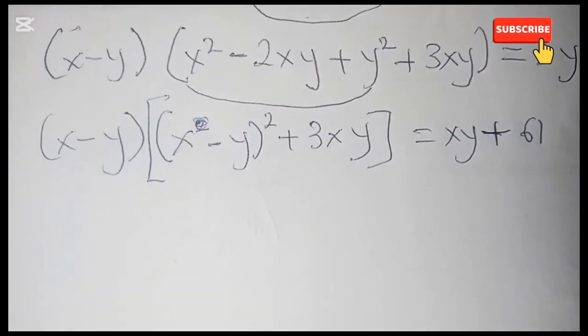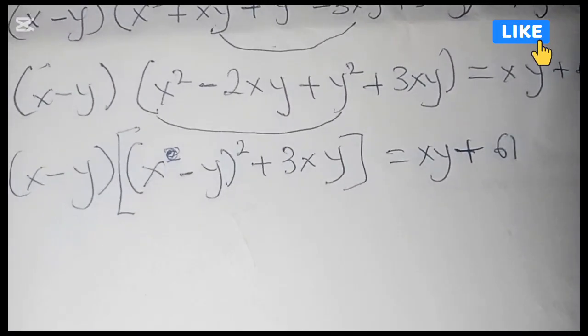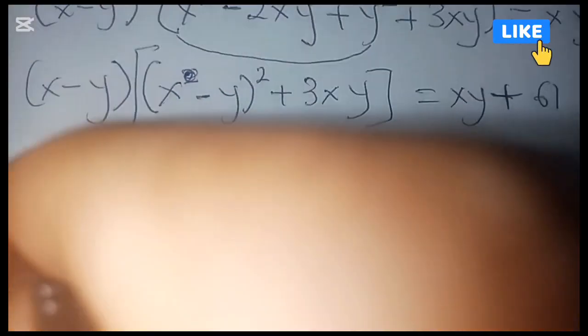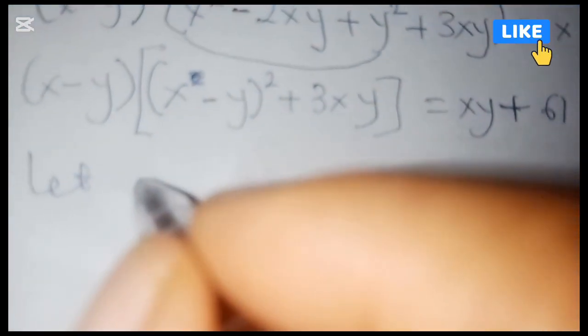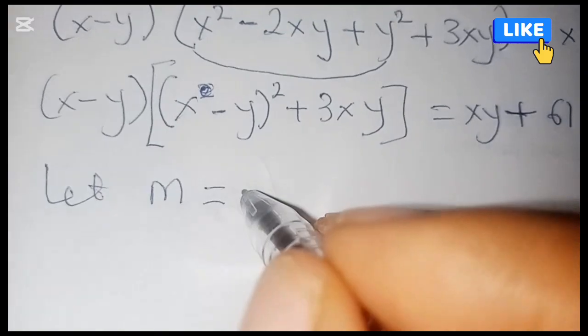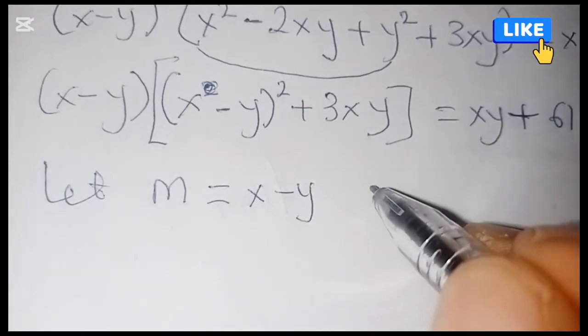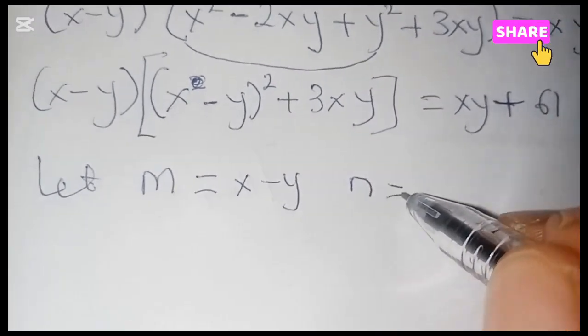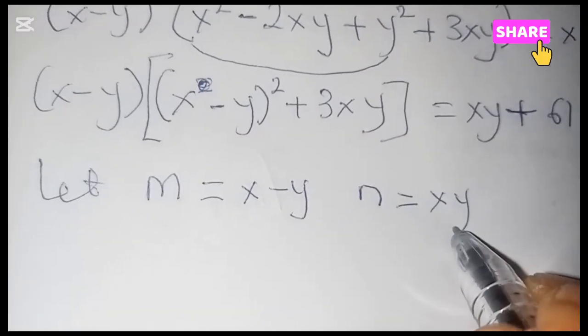Again, the next thing to do here is, at this point we say let m be equal to x minus y, and let n be equal to xy.